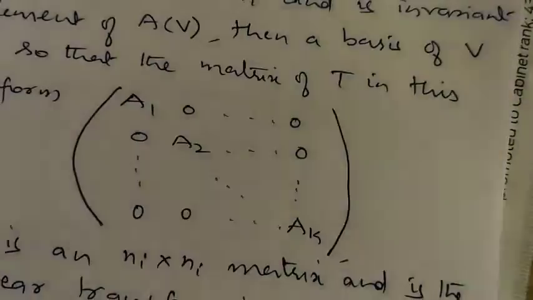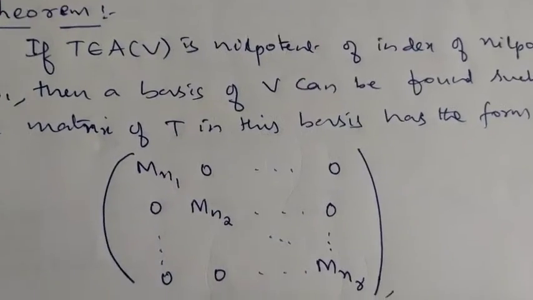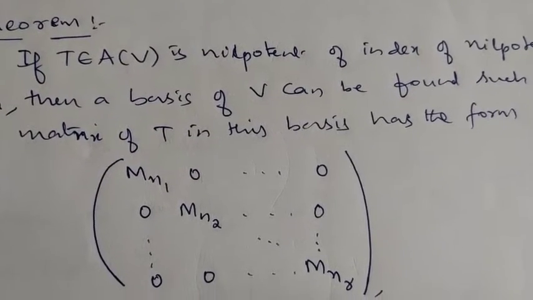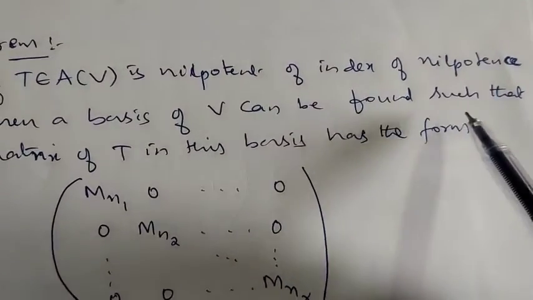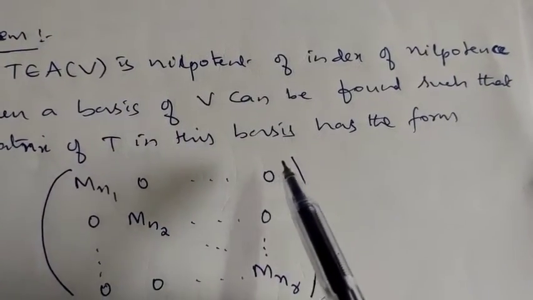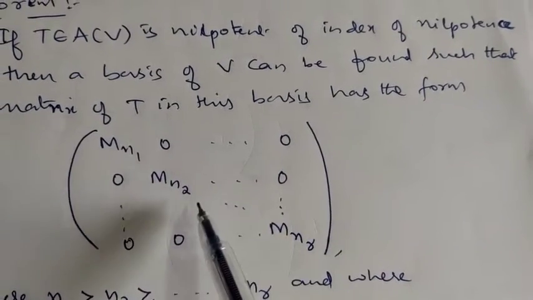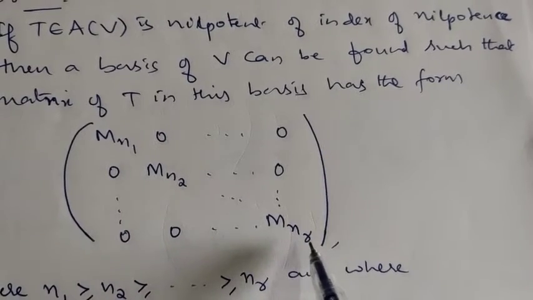Okay. We also proved another important and big theorem. It states: if T is nilpotent of index of nilpotence n1, then a basis of V can be found such that the matrix of T in this basis has the block form with blocks m(n1), m(n2), etc., m(nr) along the diagonal.